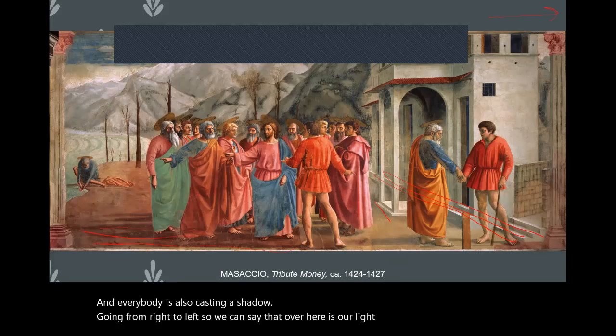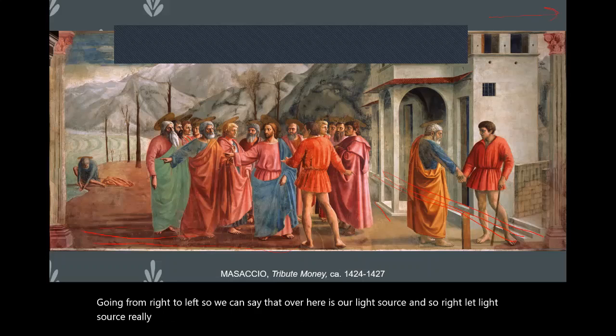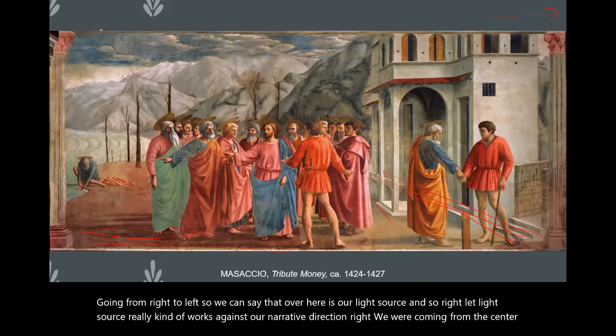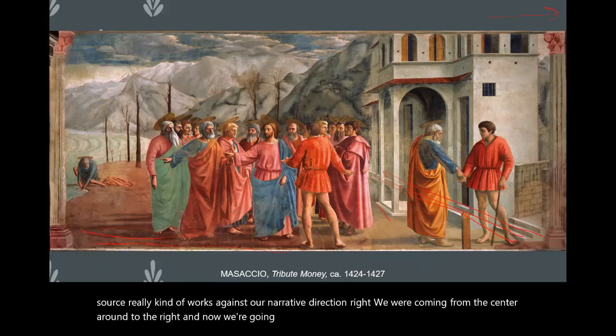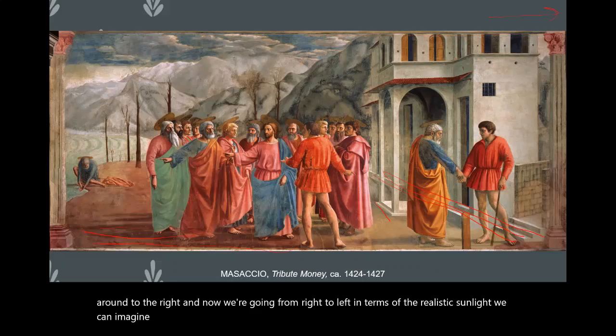And so a right light source really kind of works against our narrative direction, right? We were coming from the center around to the right, and now we're going from right to left in terms of the realistic sunlight we can imagine peeking through the clouds and making the disciples cast these shadows.